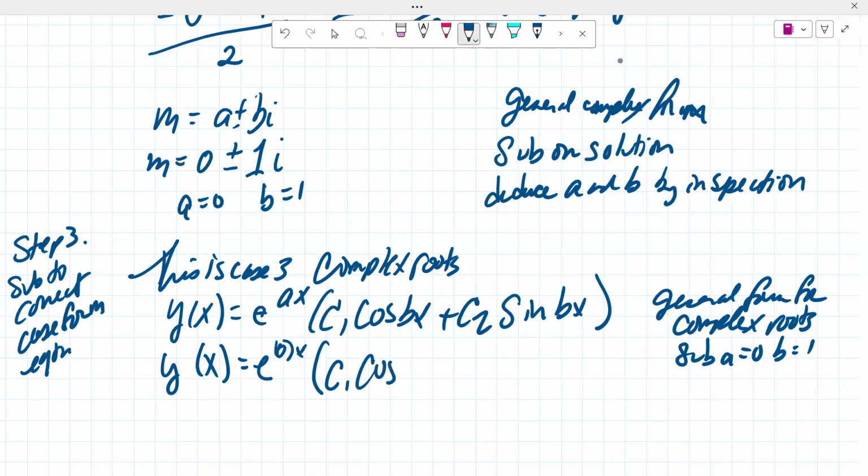We know what b is, 1x, plus c2 sine, 1x.